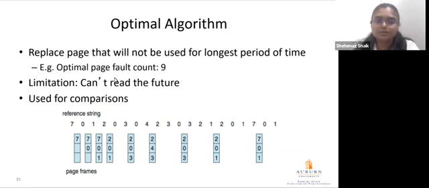We pick the one which the process is not going to use for the maximum amount of time in future. By doing that, of course, we are reducing the number of page faults as much as possible.